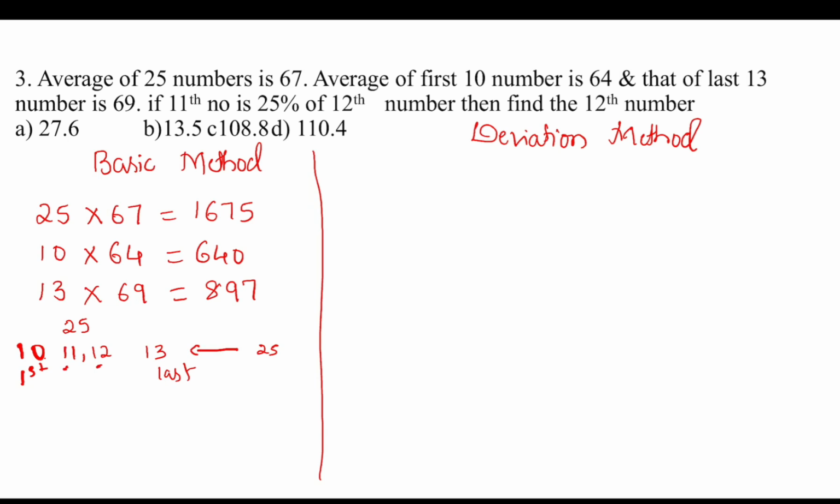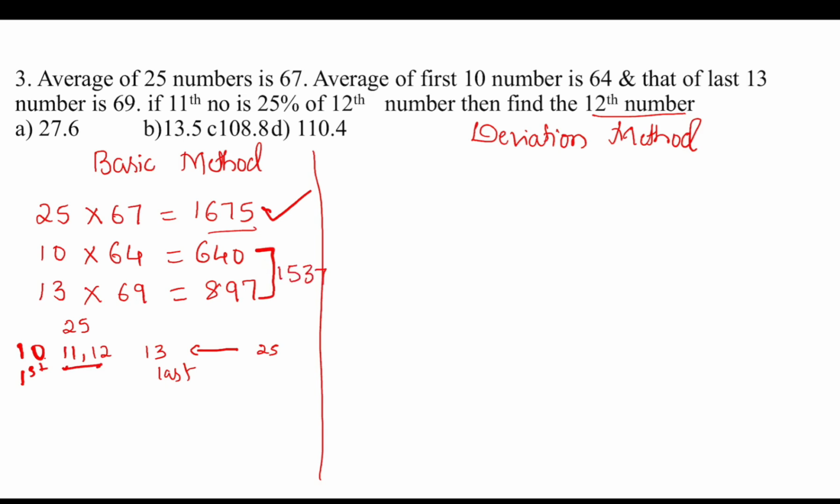Okay, so they are asking us to find out the 12th number. Now we know the first 10 sum is 640 and last 13 sum is 897, and total sum we know is 1675. So when I add these both and deduct from this, I will get the sum of the 11th and 12th number, isn't it? So add these both, when we add these both it is 1537.